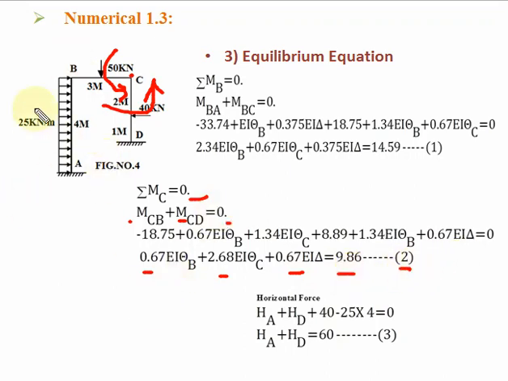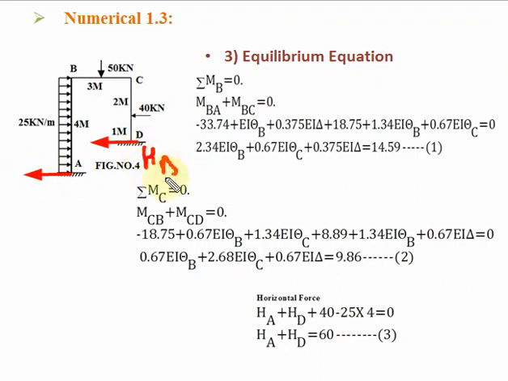Now consider the whole structure and draw the FBD for the whole structure. At the supports there are horizontal reactions, let's say HA and HD.